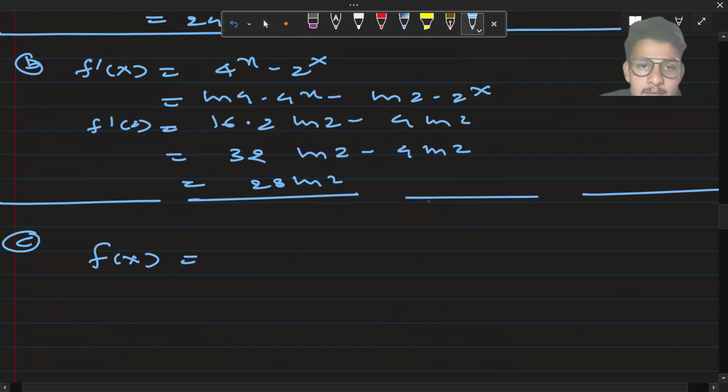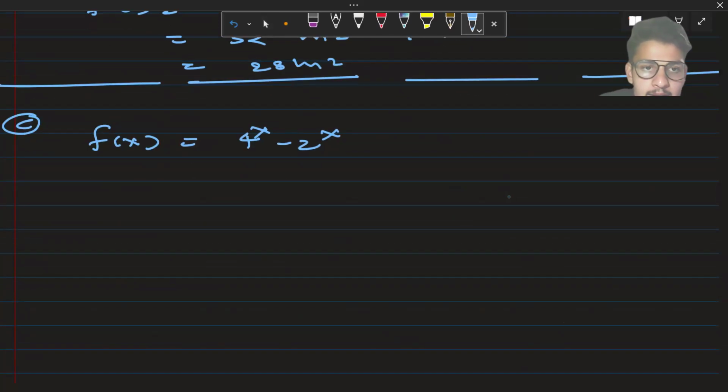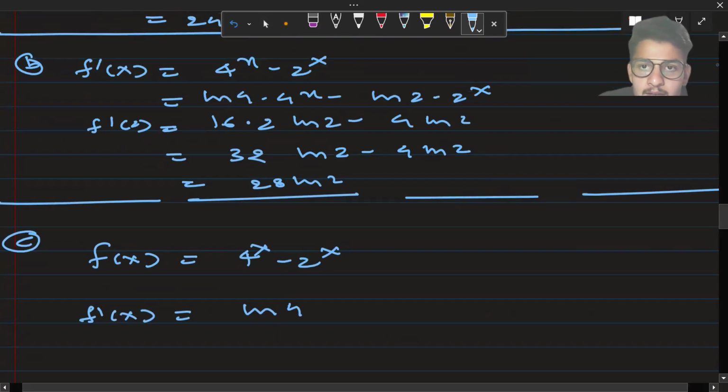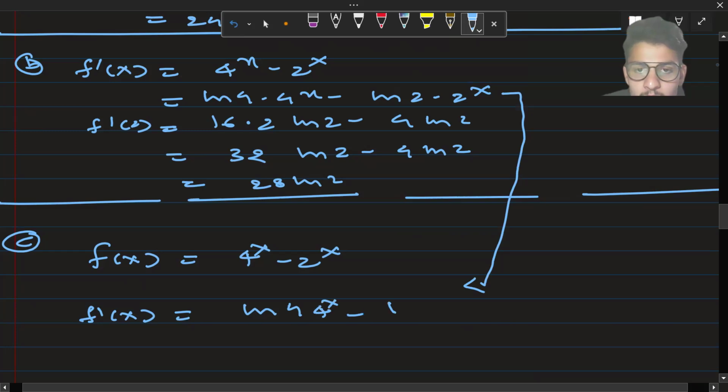Now you need to find the minimum value. So what do you do when you need to find the minimum value? You always try to find f dash x, and f dash x is ln 4 times 4 to the power x minus ln 2 times 2 to the power x. We have done this previously only. So when you do clean rough work, you can use those values. So always try to do clean rough work.